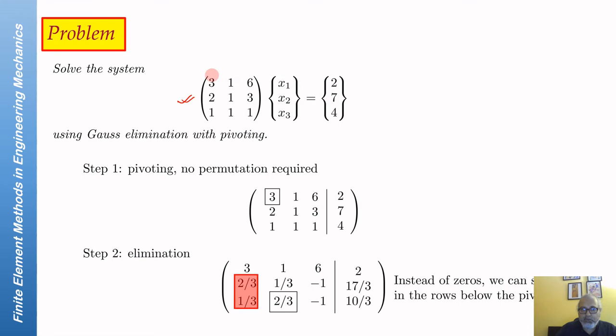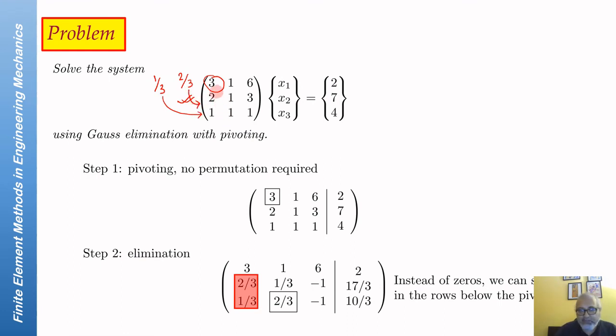Here, if we look at the first column, 3 is the largest. So this becomes the pivot, and then we multiply this by 2/3 first and subtract from here, and then we multiply this again by 1/3 and subtract from here.